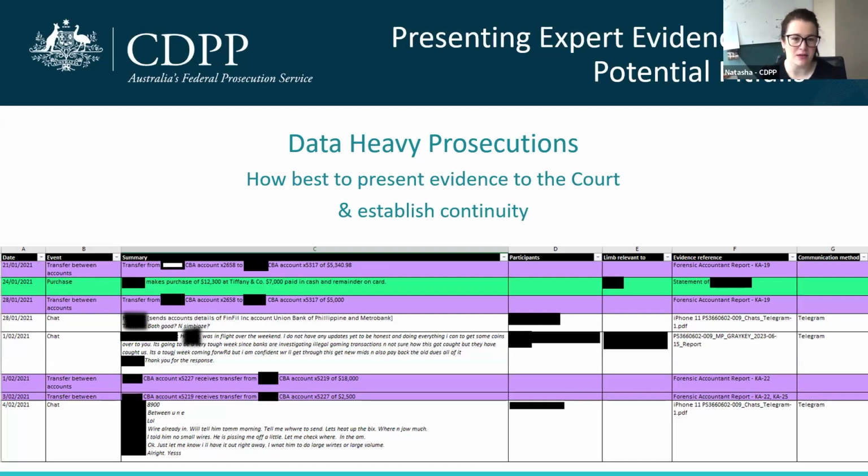And these days, most of the seizures that we get given of digital evidence from mobile phones or computers from AFP are terabytes in size. And so we really have to think about how we are presenting that evidence, and how a person can sensibly review that amount of evidence.